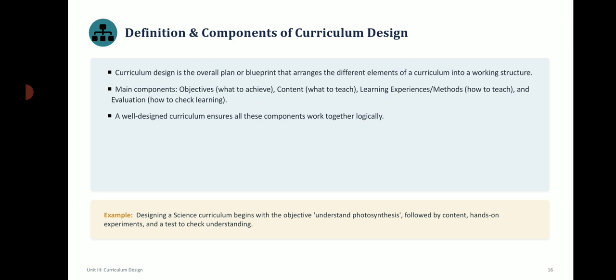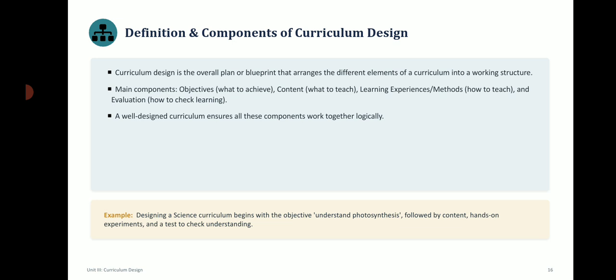Now a design needs to be supported with, and to make explicit, a curriculum theory which establishes the sources to consider and the principles to apply. Here are the main components. Objectives, that is what to achieve. Content, what to teach.